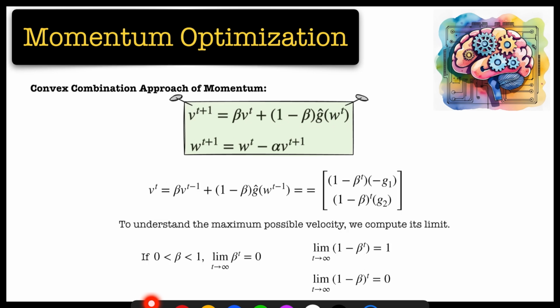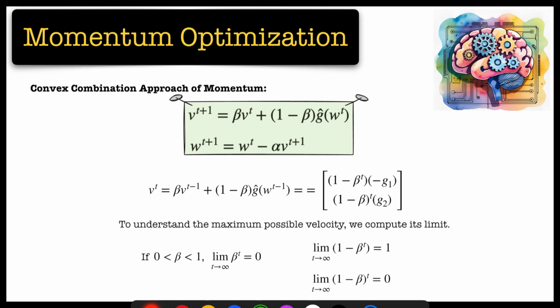Now, to understand the maximum possible velocity, we'll compute the limit. We got this for the tth update. Let's say beta is between 0 and 1, right? So the limit of beta power t, where t tends to infinity, will always be 0.